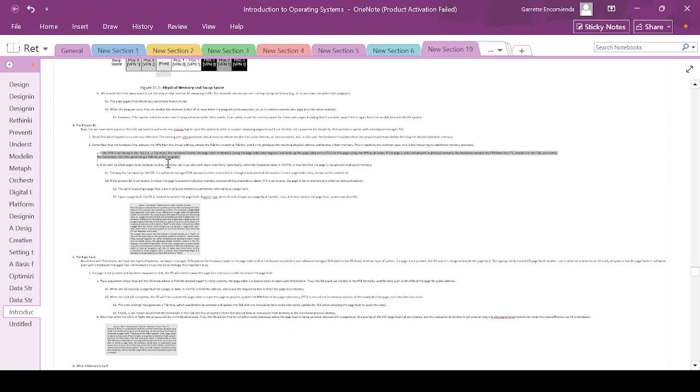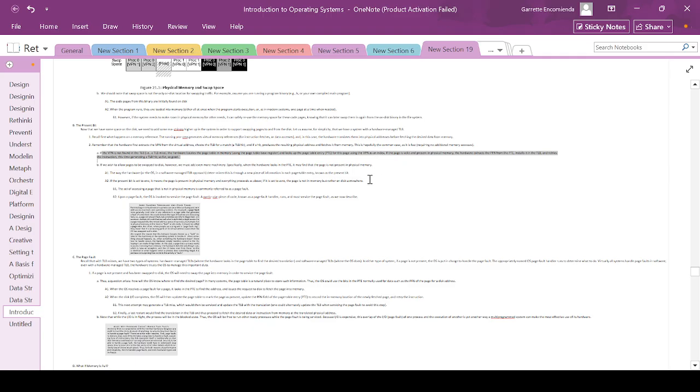If the VPN is not found in the TLB, a TLB miss, the hardware locates the page table in physical memory using the page table register and looks up the page table entry for this page using the VPN as an index.